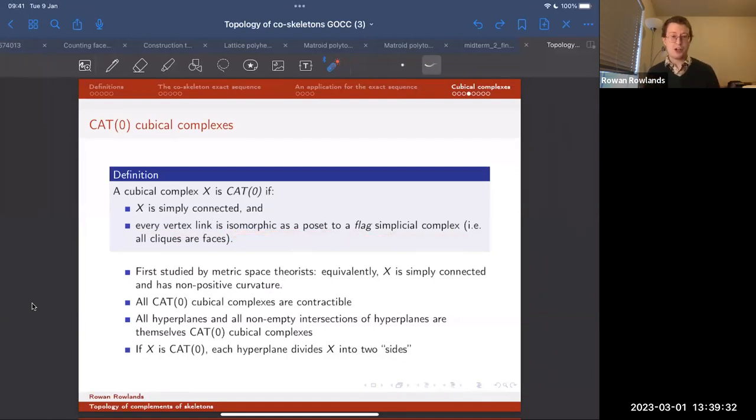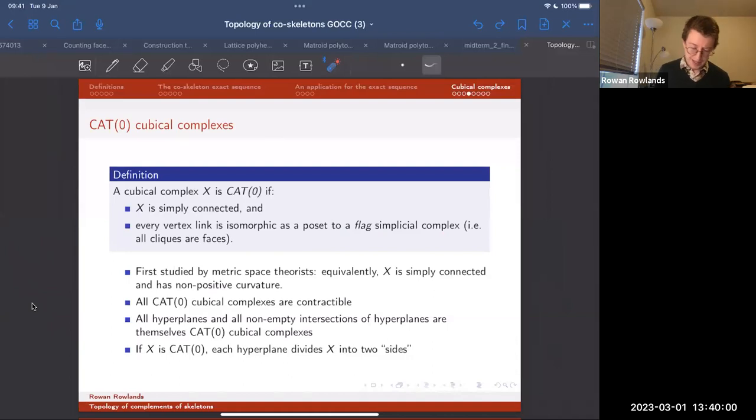In a cubical complex, vertex links are always isomorphic to simplicial complexes, but for CAT(0) ones, we're requiring that those simplicial complexes are flag. Specifically, that means that the cliques in the graph of that simplicial complex are faces of the simplicial complex. Okay, lots of details in that definition. Don't worry about the details. This is just some family of cubical complexes that behave really nicely.